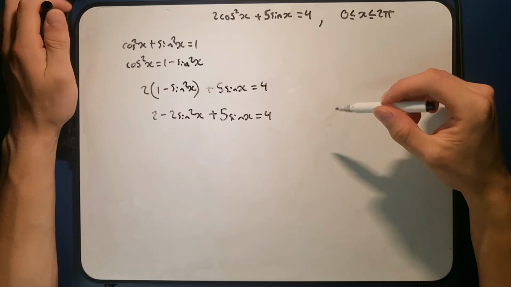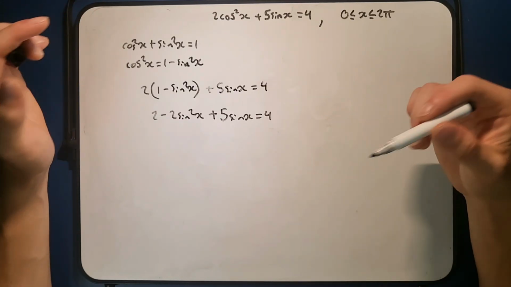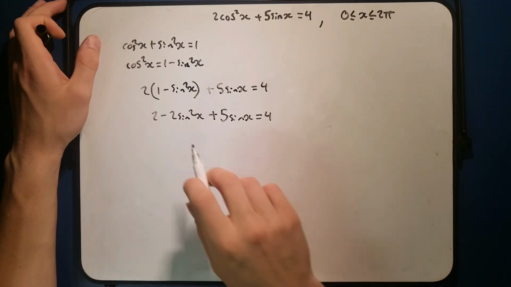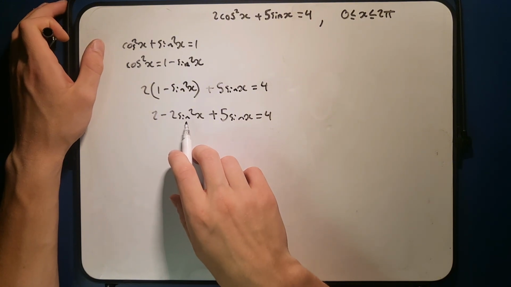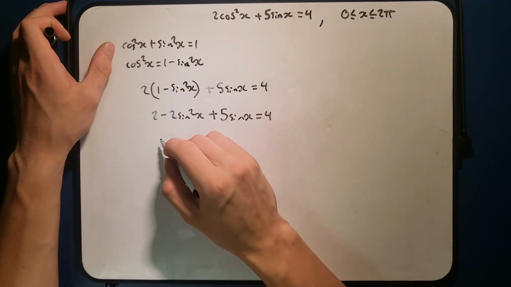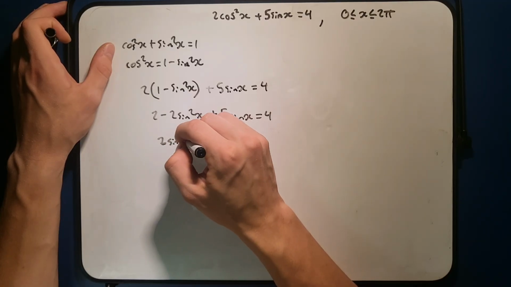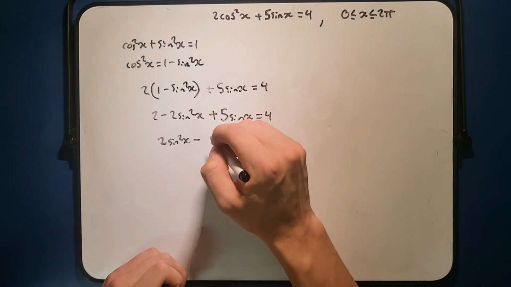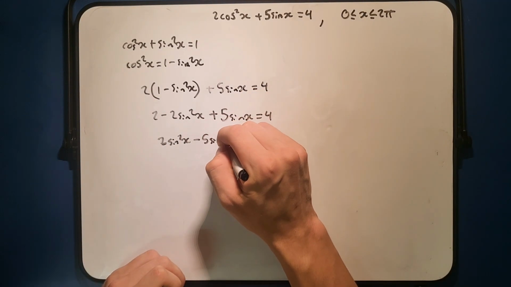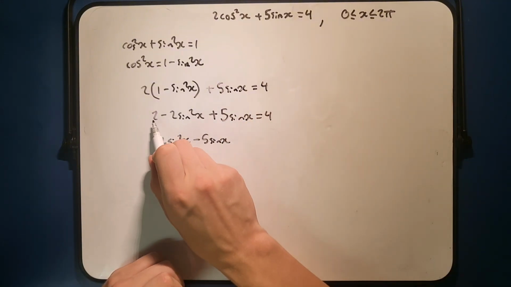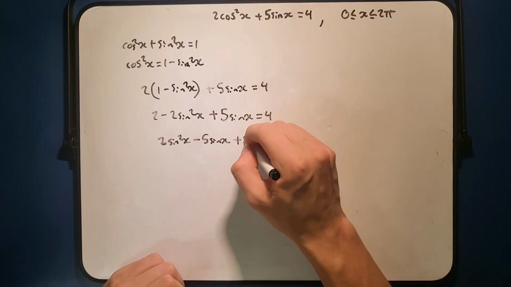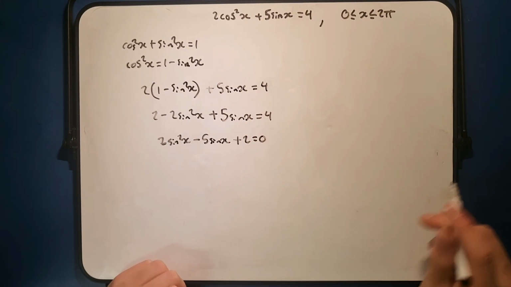And now I can turn this into a quadratic. So I'm going to bring my sine squared x onto the other side here. So I will get 2 sine squared x minus 5 sine x, and then I will get 4 minus 2, so plus 2 is equal to 0.